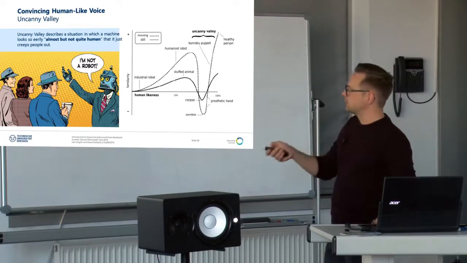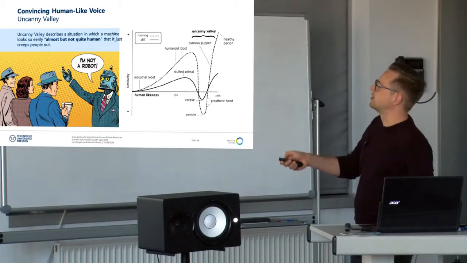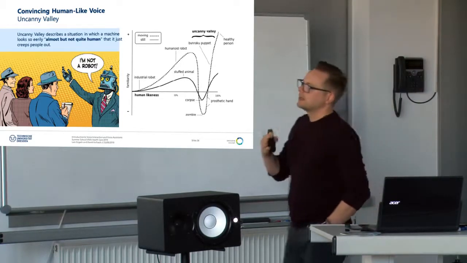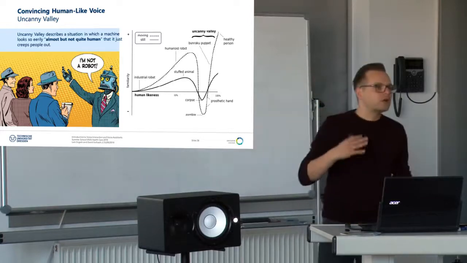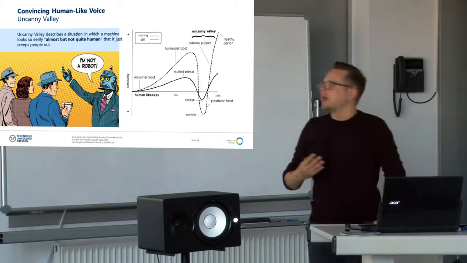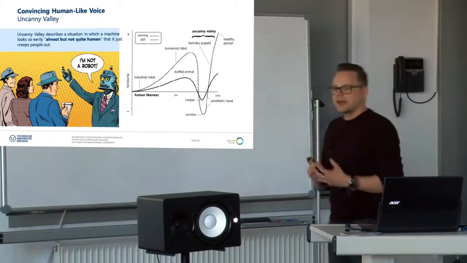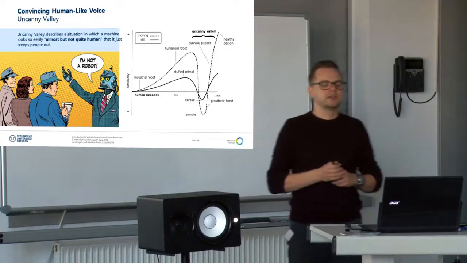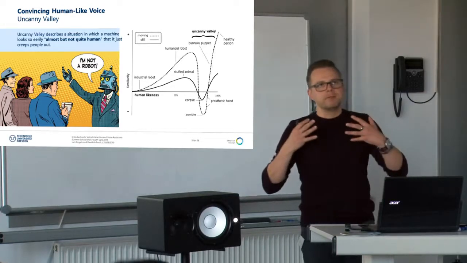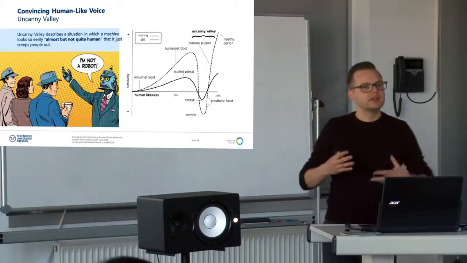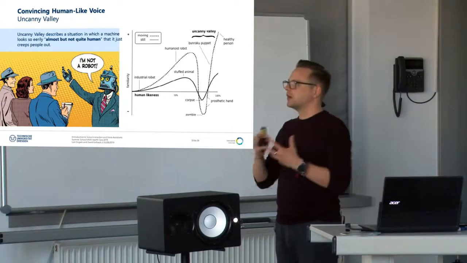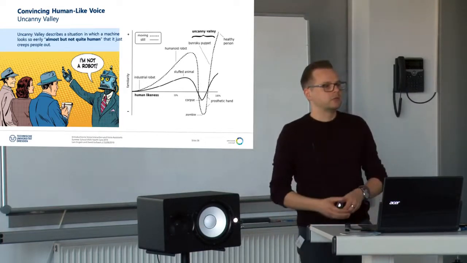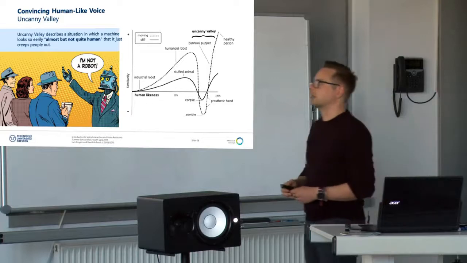There is a certain point where you say the system is almost but not quite human, and it's not able to react in a way that you would expect from that system. It's not able to be human-like enough for that kind of appearance of the system. And then that seems to be quite a creepy system. And that's the uncanny valley here.